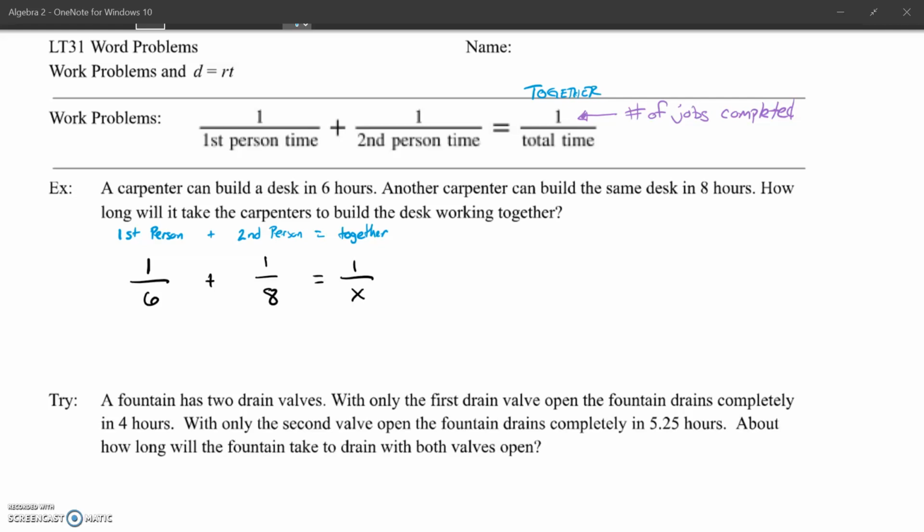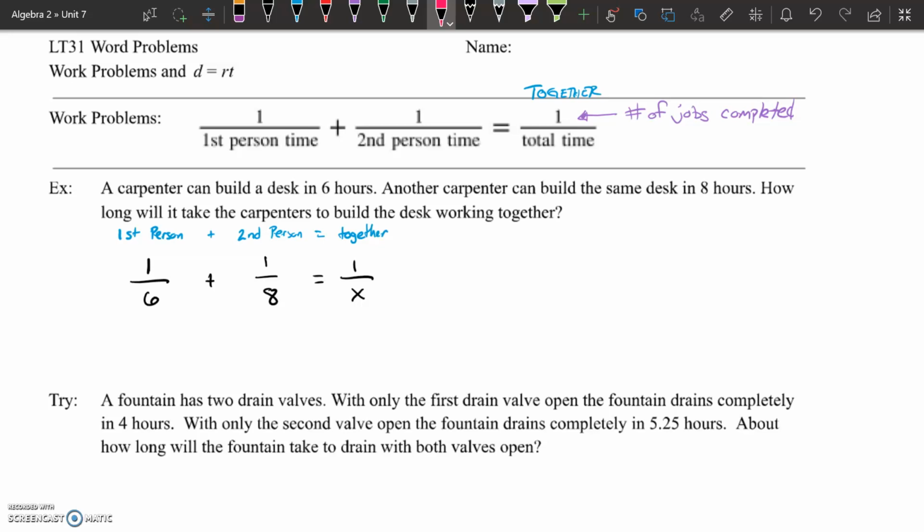This is what we've been working on with LT31 previously. We are going to solve a rational equation. In this case, we talked about finding the least common denominator. And we also talked about how it's okay if you just find a common denominator. It's just going to make things a little bit easier if you find the least common denominator.